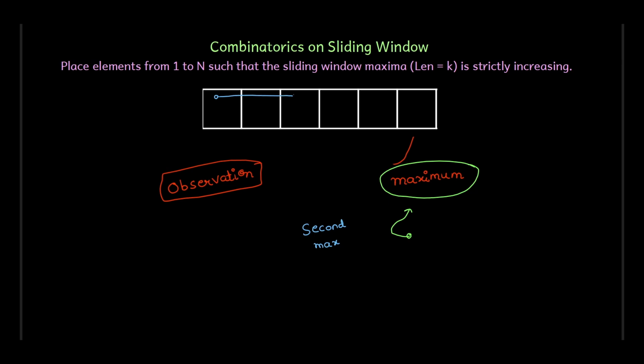You have this window, and then you have the next window, and the next window, and the last window. Now this spot is reserved for the maxima. That part we acknowledge, that's fine. But what are the spots for the second maxima?